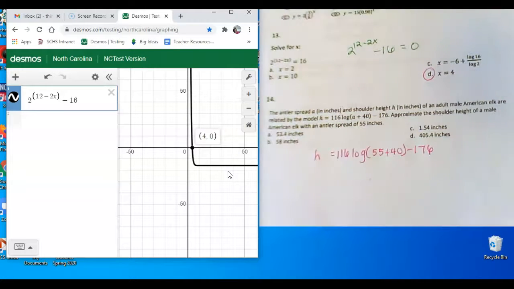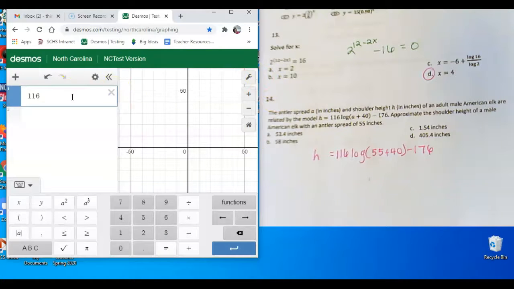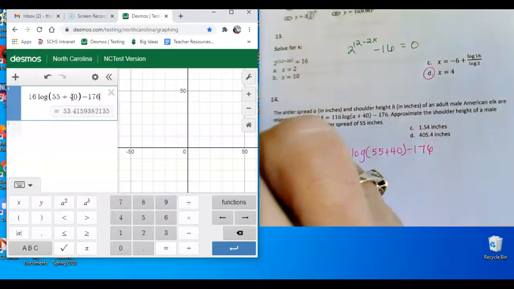That's going to give me the height. And I can just put that straight in there. 116 log 55 plus 40 minus 176. And that gives me 53.4 inches, which is A.